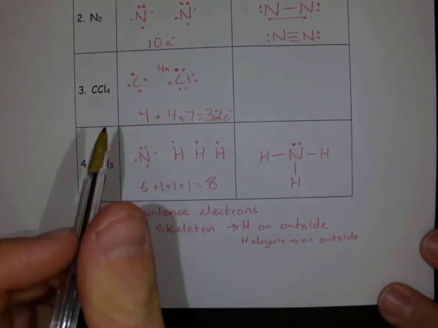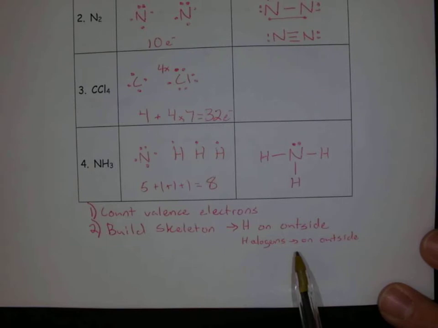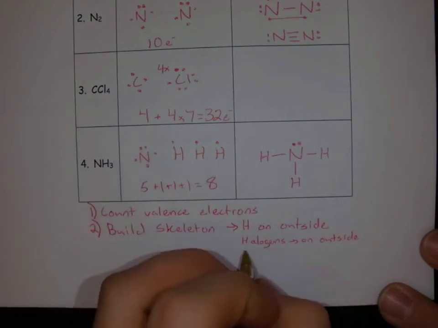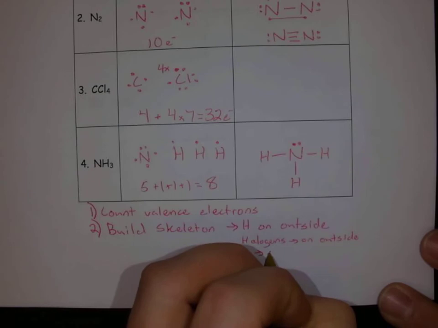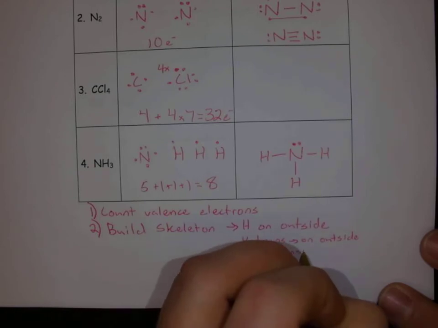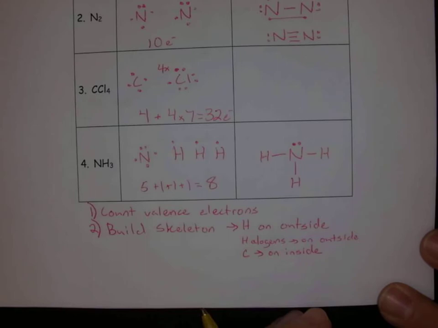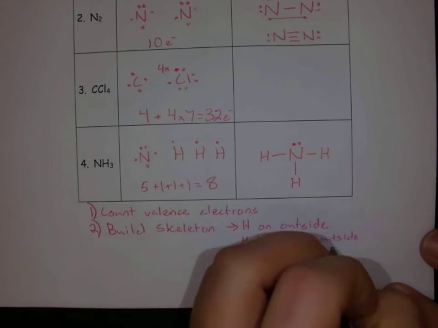So let's start and build our skeleton. Halogens like to be on the outside. We also know that carbon likes to be on the inside. Carbon always likes to have 4 bonds, if possible.